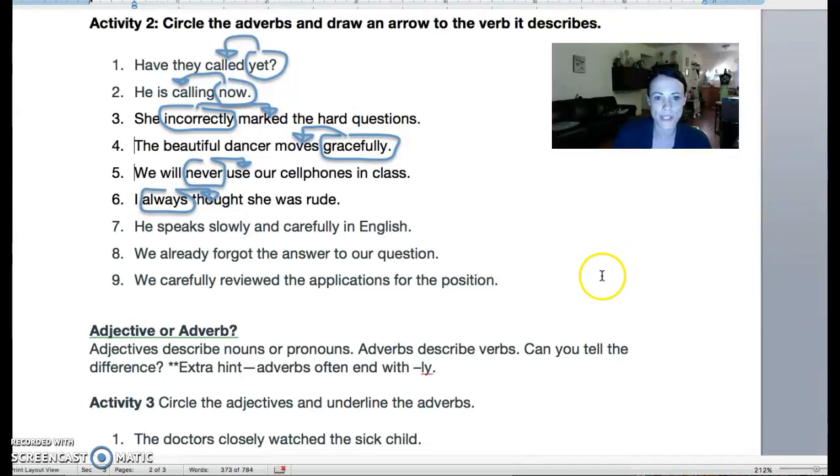Number 7, where's the adverb? We have 2. We have slowly, and we have carefully. Both of these are ly adverbs. And what are they describing? They're describing the way she speaks. So we're getting more information about the verb speak.